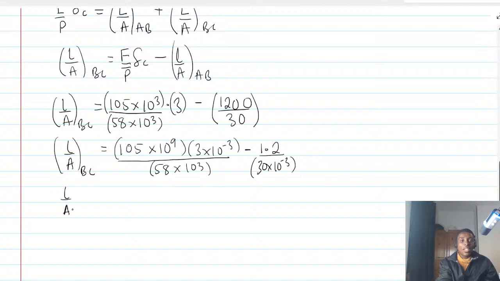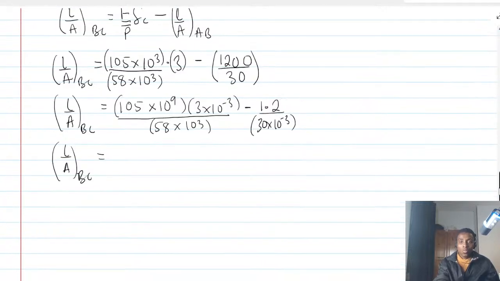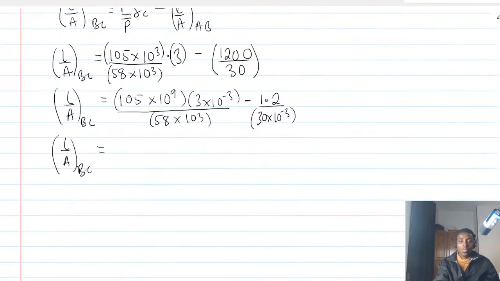In this case, we are dealing with meters. All right, so what is it then? Please, let's hurry up. From here, I want to do torsion and bending.